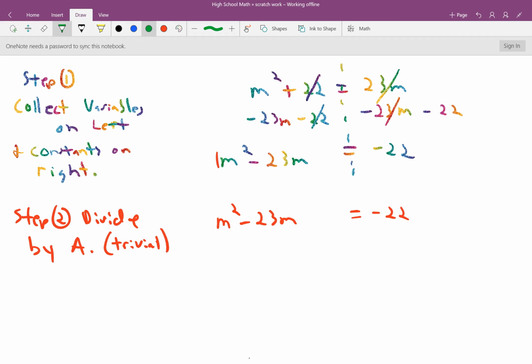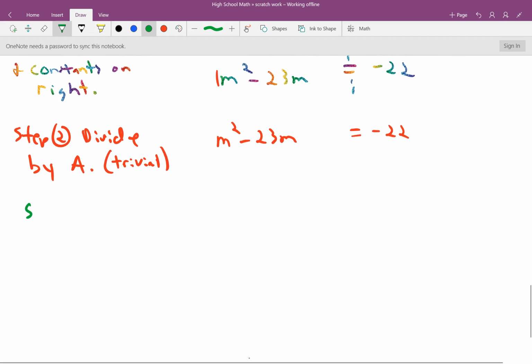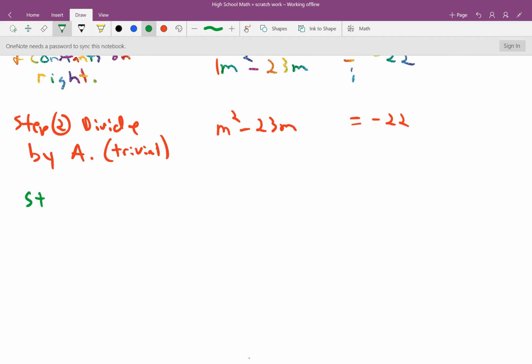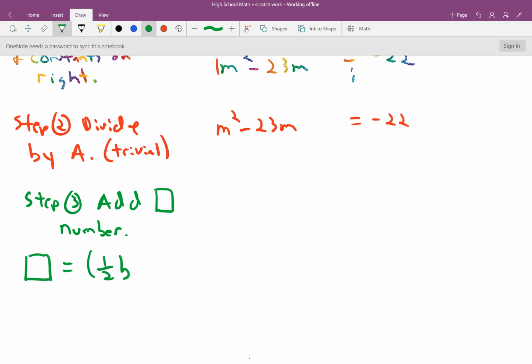Step 3. Add box number, and that box number will be 1/2 of b squared. So now I'm going m squared minus 23m plus some number.